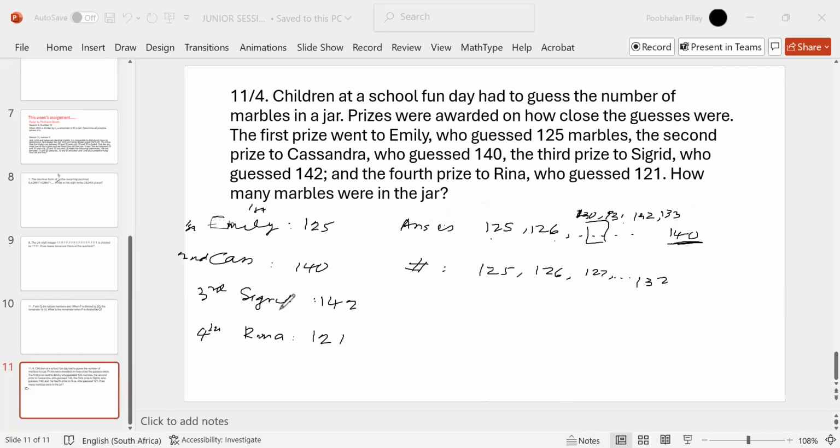Now, as far as Sigrid and Rena are concerned, third is Sigrid. So she was closer to the answer than Rena. Now, if you add these two up, you get 263. I want to see what the halfway number is. So you have 131 and a half. Okay, so let's look at the correct answer.